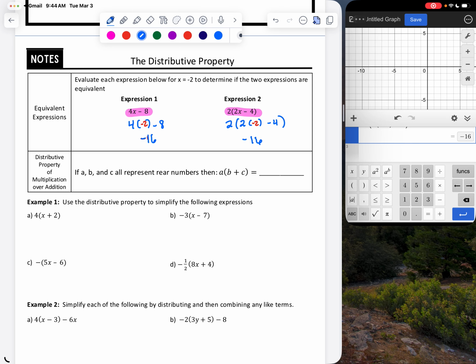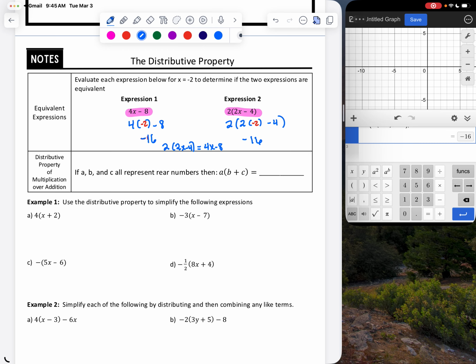So we could say that 2 parenthesis 2x minus 4 is equal to 4x minus 8. In other words, they're equivalent. They're equal to each other. Now, we can also use the distributive property of multiplication over addition to find an expression that's equivalent to an expression that has parentheses.